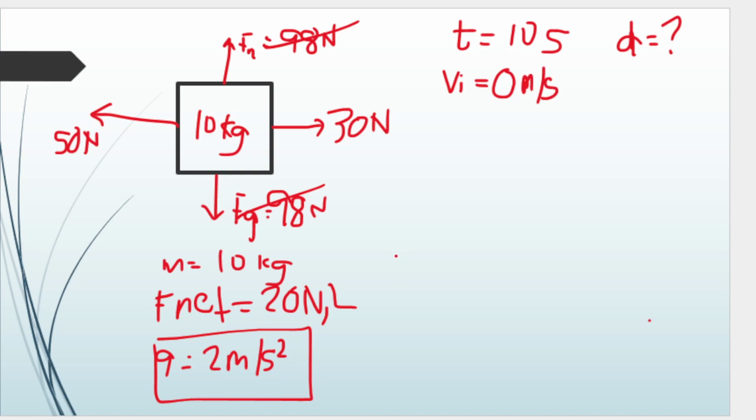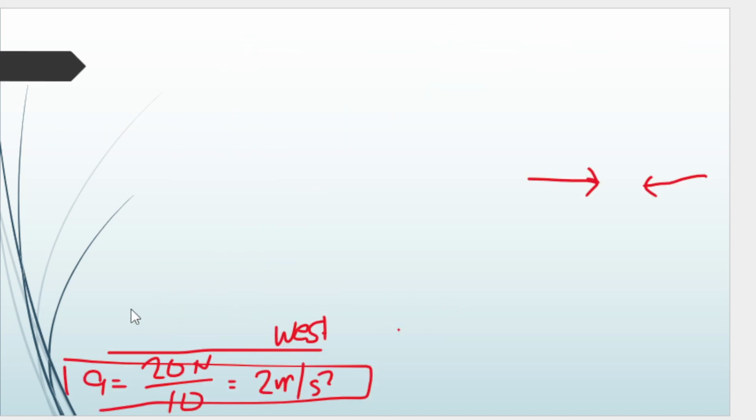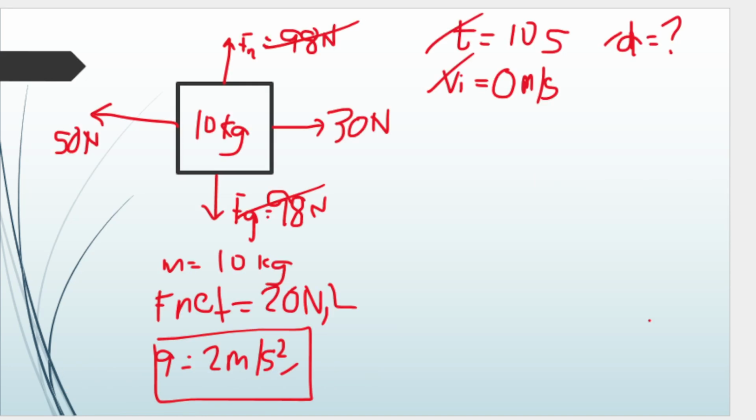Okay, so how do we solve it? Remember that you have time, initial velocity, displacement, and acceleration. Where can we get these? If you remember, we can get them from the 4 kinematic equations.